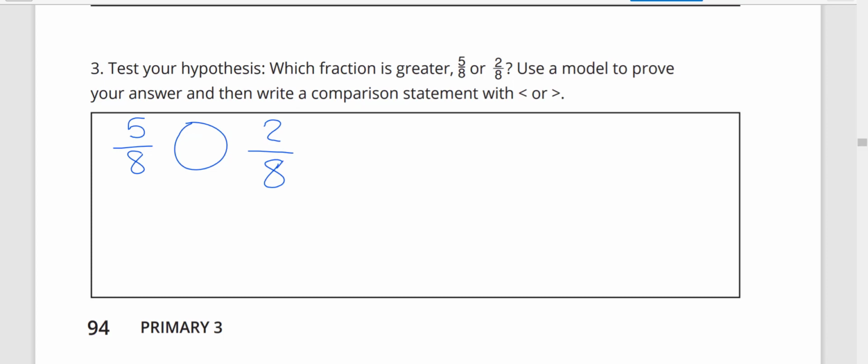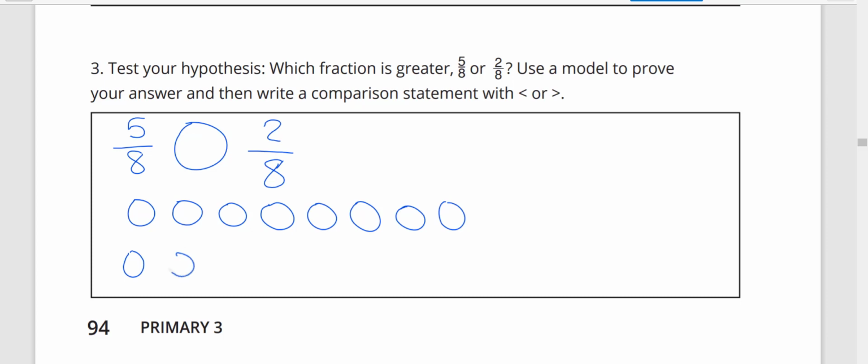Draw a model of the two fractions. You can change any model. For example, draw 8 dots: 1, 2, 3, 4, 5, 6, 7, 8. And draw another of the same model: 1, 2, 3, 4, 5, 6, 7, 8.